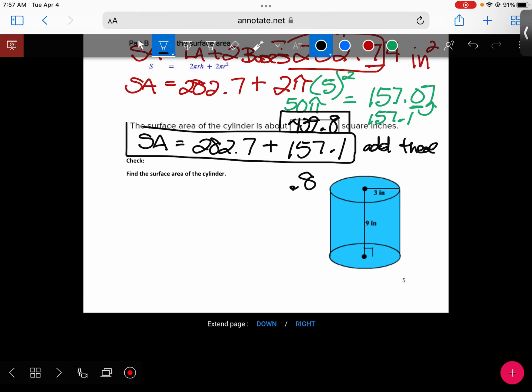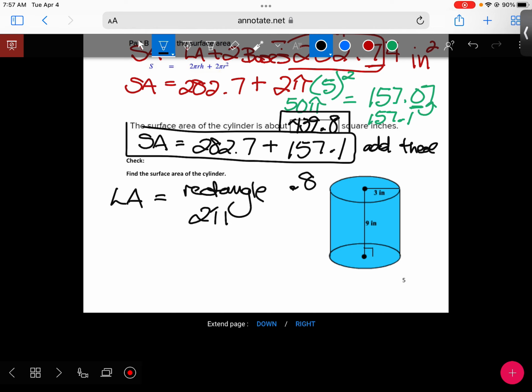All right, I don't think I'm gonna have time to do this last one, but if you go on today's Canvas, you should be able to see these notes. I will upload this video too. So you start with your lateral area, which is in this case gonna be a rectangle.